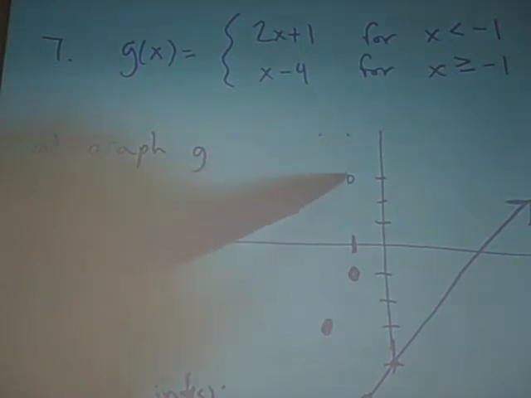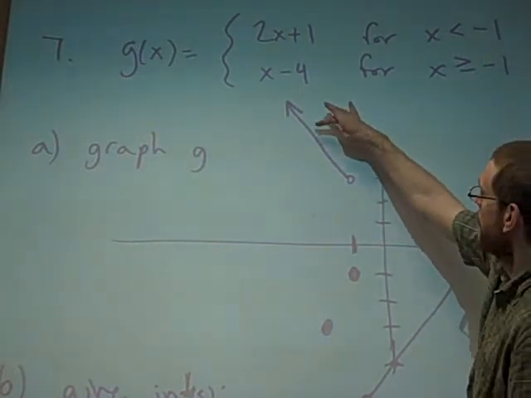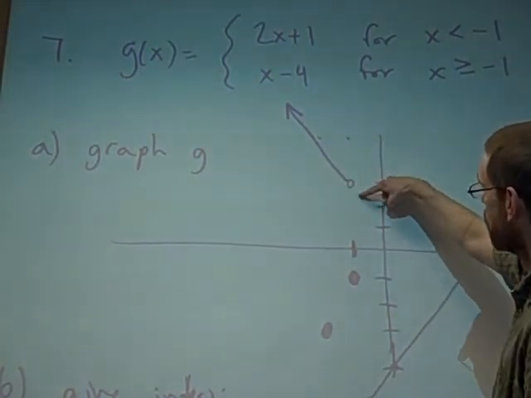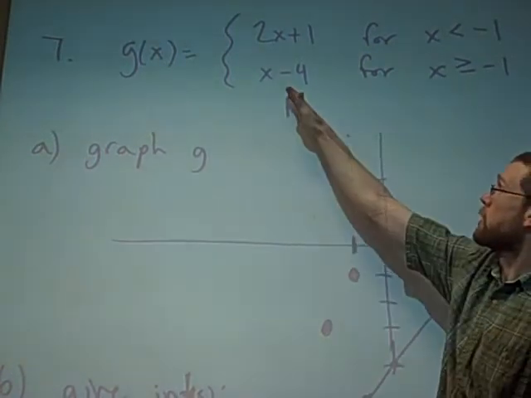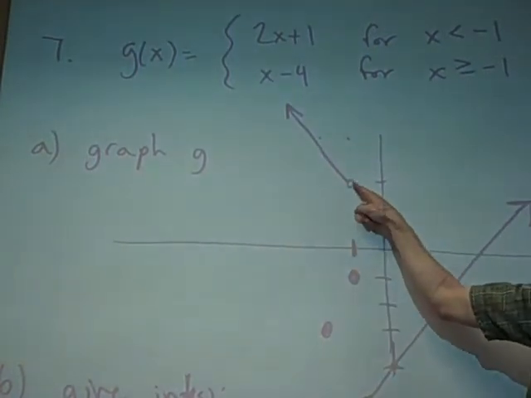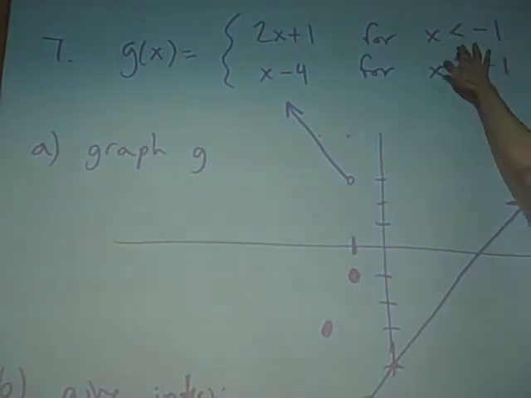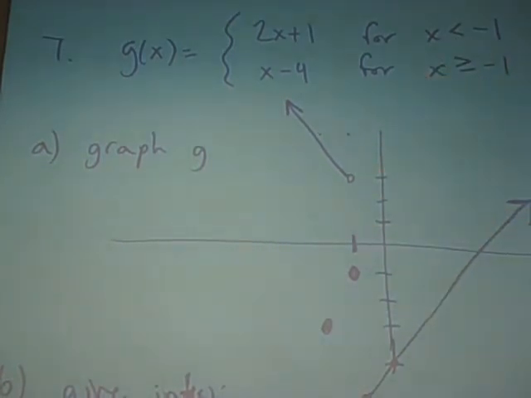So this is a slope of negative 2. Notice it would have a y-intercept of positive 1 and keep going down. But we use this line over here. Notice I put an empty circle here because at this one we don't actually evaluate it at negative 1.